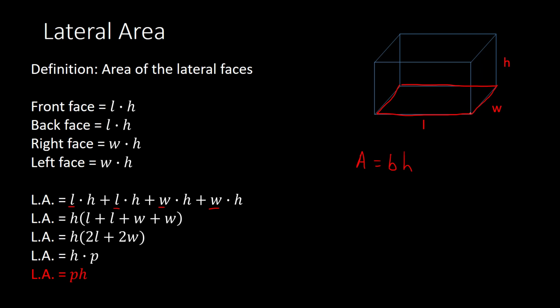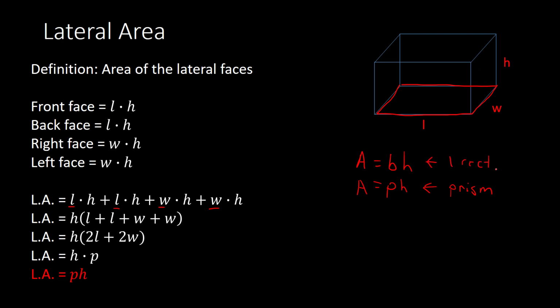And so looking at the base of each rectangle, the base of this right one, the one in the back, the one on the left, and the one in the front, if we add all those bases together, we get the perimeter. So we get the perimeter of the base times the height. So this is for the prism, and then this is for just one rectangle.